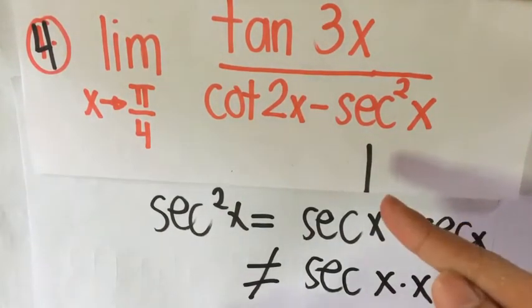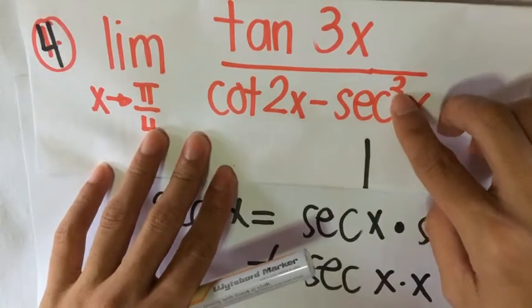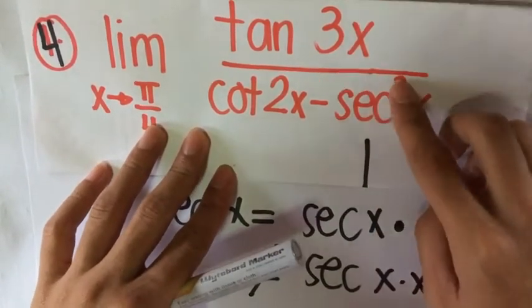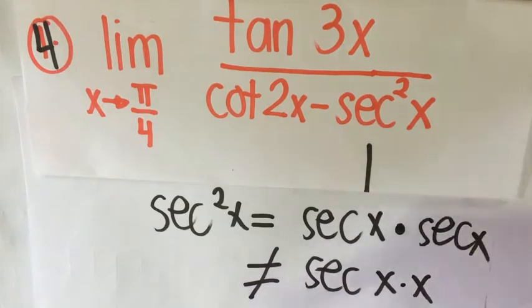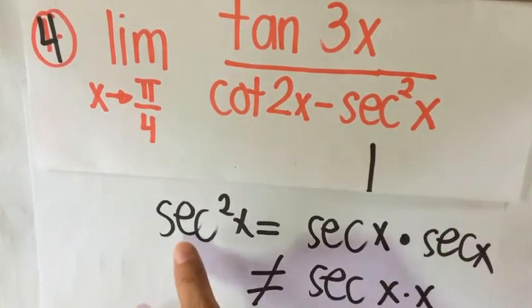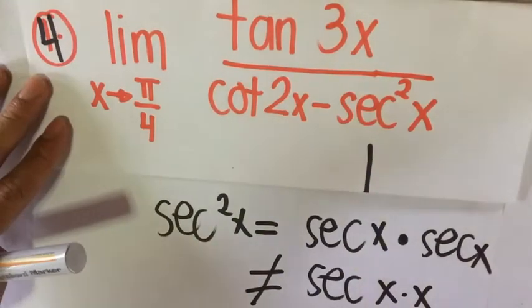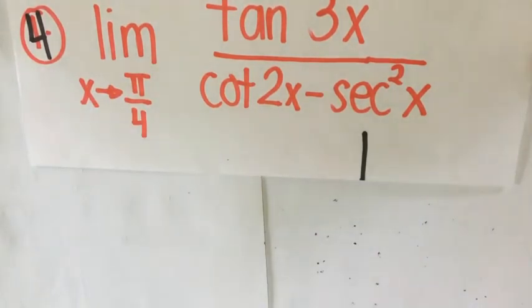Every time the power is on your trigonometric function itself, it means how many times you repeat the trigonometric function, not how many times you repeat the variable inside it. Again, secant squared x is secant x times secant x, not secant x times x. They are different, so that's how you solve that one.